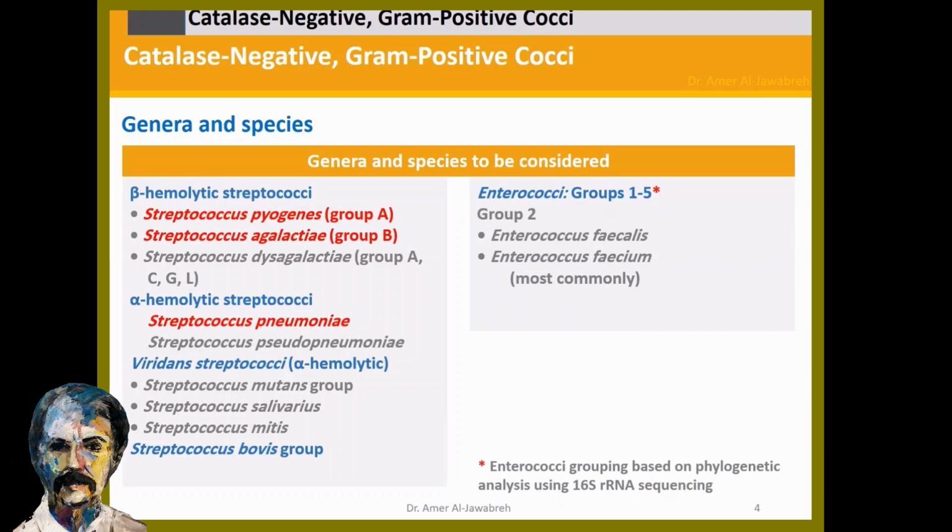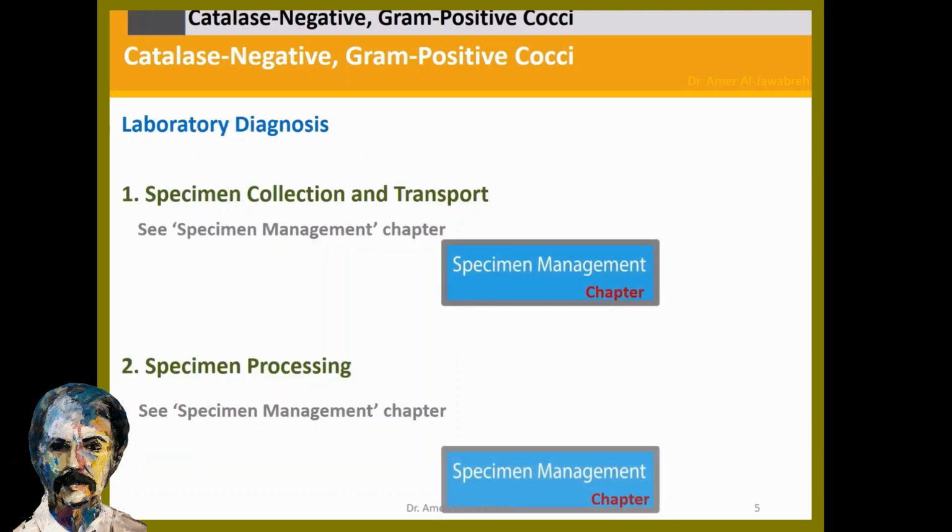But these three here, the red ones, top priority. Specimen collection, transportation, processing before culture, we talked about all of this in chapter 5, which is the first chapter in this course, specimen preparation. So you can refer to that chapter, or maybe the video down below.